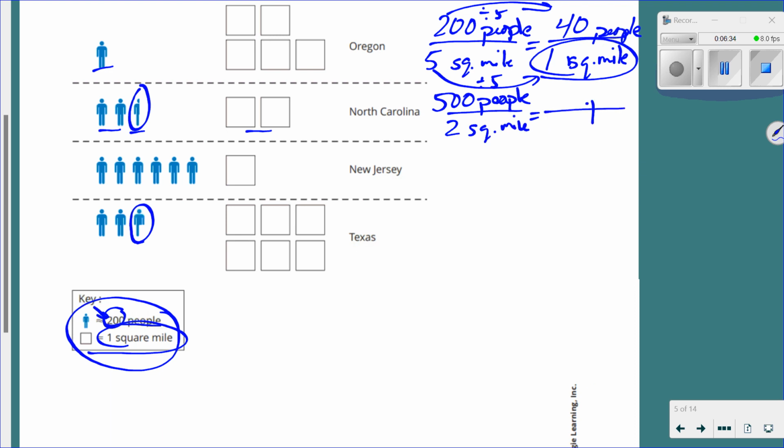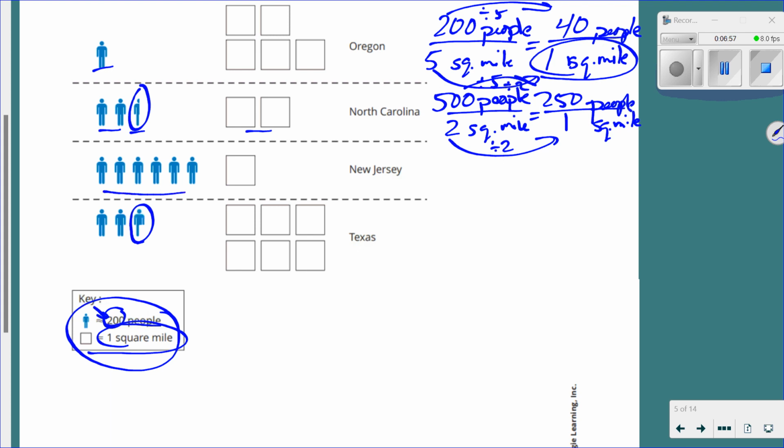That should make it very easy. Again, when you set these up, if you will add in the labels immediately, it makes everything else easy. Because I now know I'm going down to 1. How do I go from 2 to 1? Divide by 2. So the 500 I need to divide by 2 to give me 250.